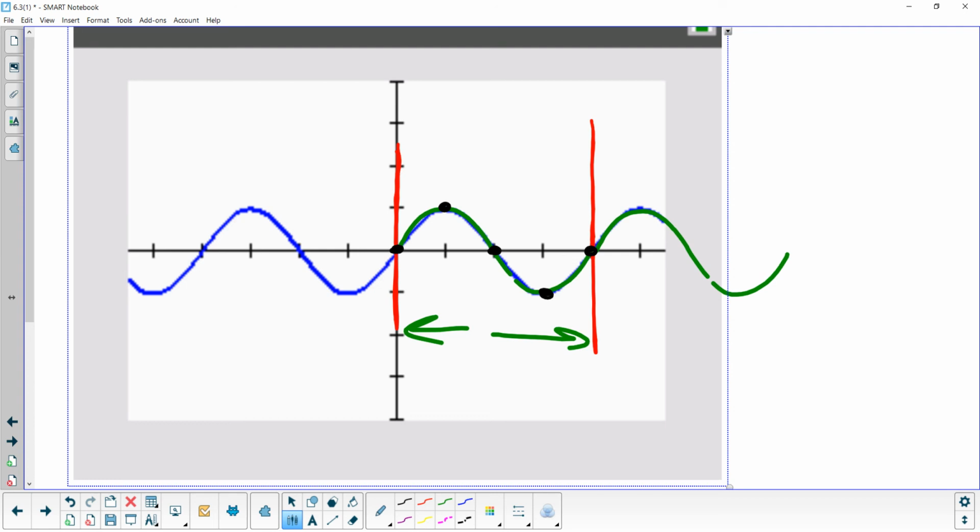If you can find those 5 points, you can make a pretty good sketch. So sometimes it's arbitrary how many points we find. We'll use the table on the calculator, and I'll tell you, find as many points as you need to make a good sketch. Well, here I'm pretty much telling you it's 5 every time. If you can find those 5 points, you can make a good sketch.